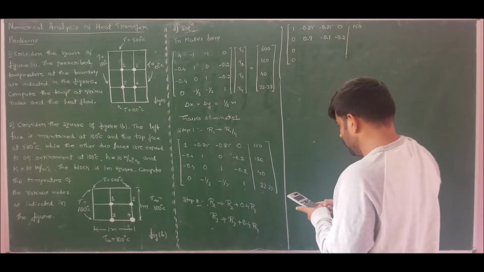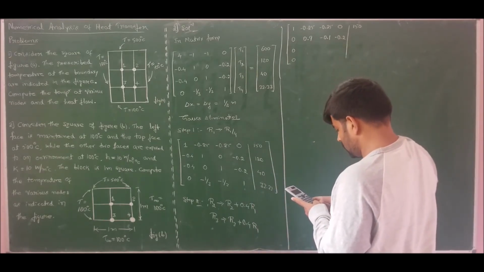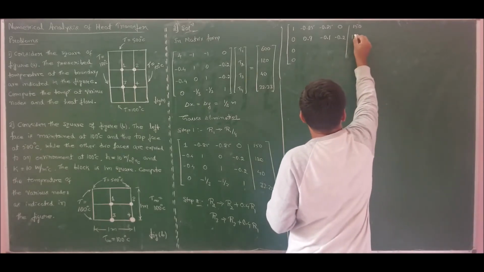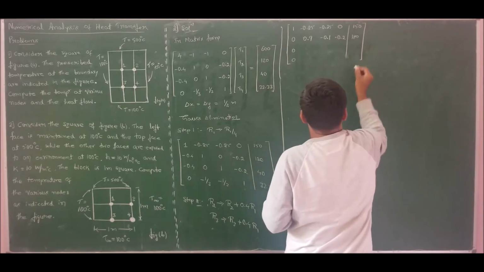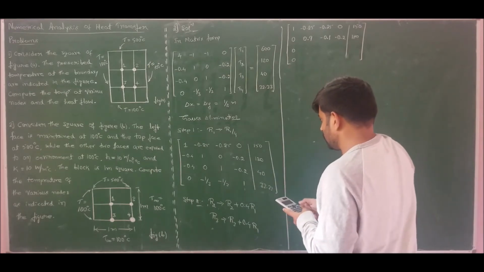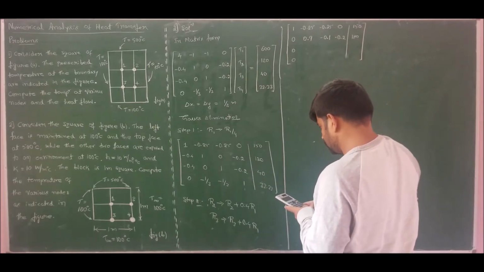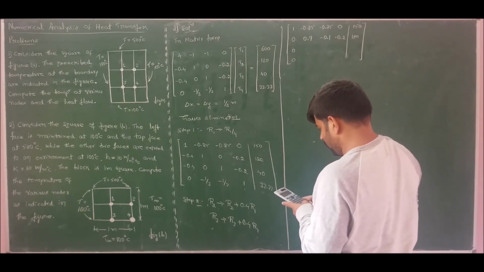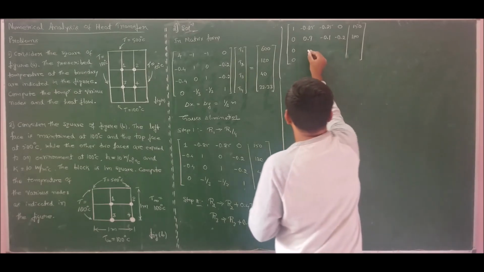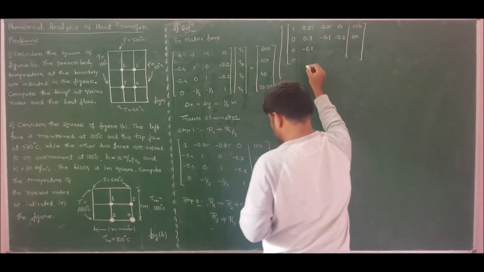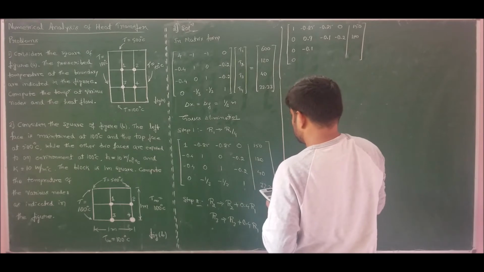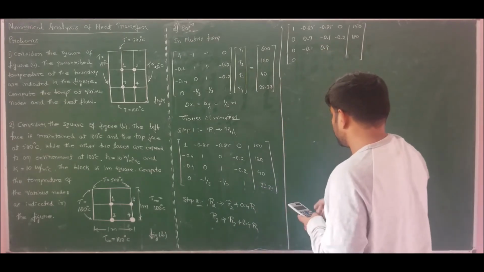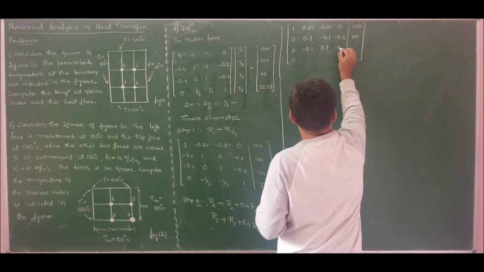Finally, we have 120 plus 0.4 into 150, which is 180. Next, we have 0 plus 0.4 into minus 0.25, which is minus 0.1. So for row 1 I will get 0.9, it is minus 0.2.